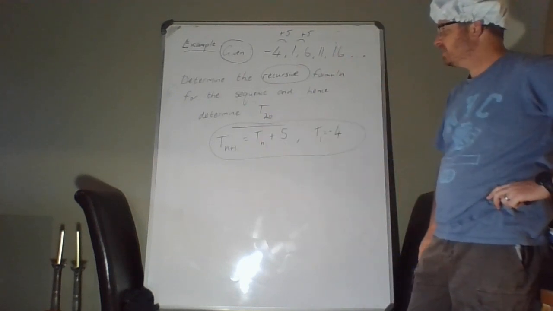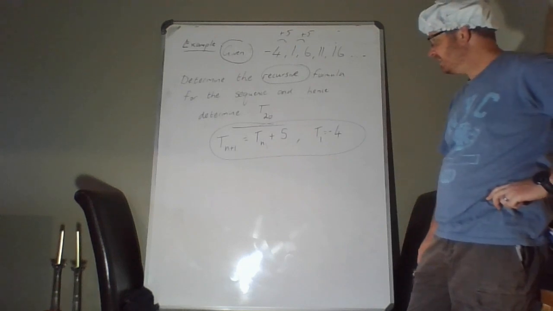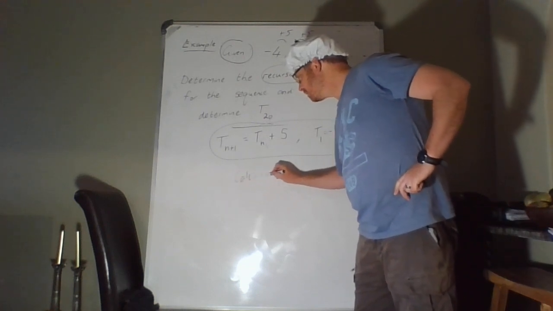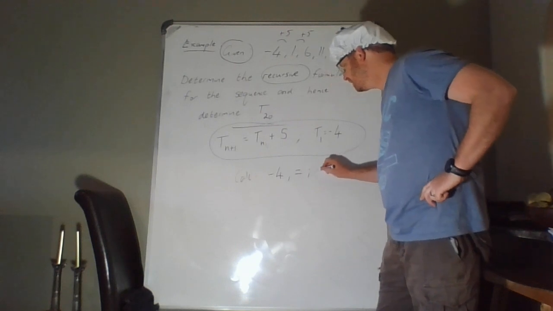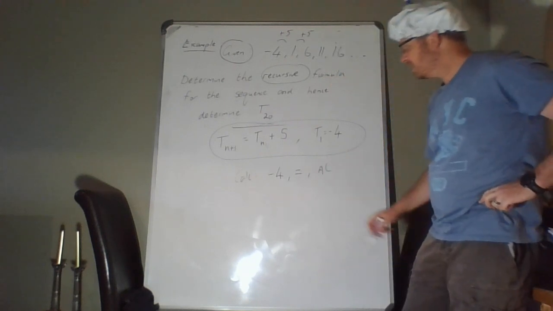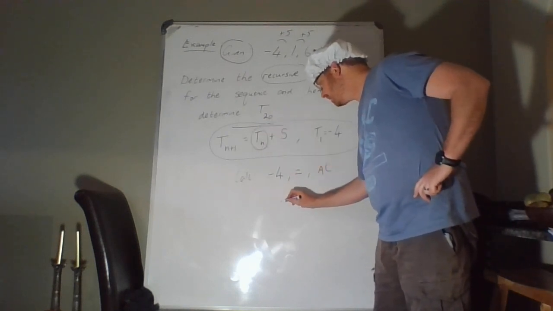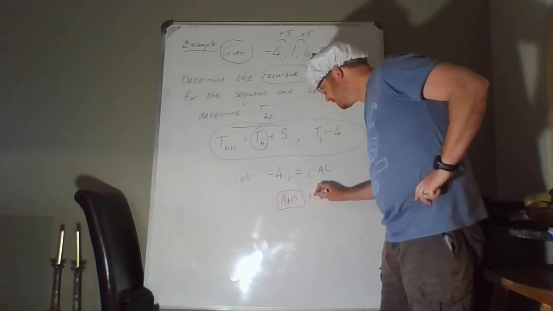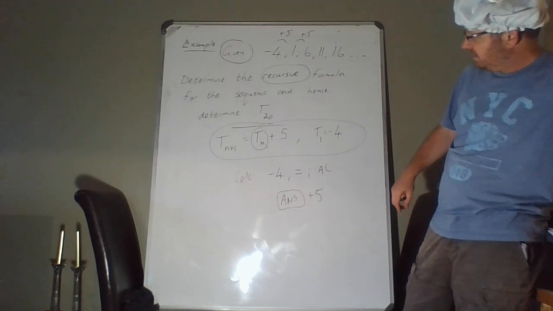Right, now the question says go find T20. So what do you do? Well, you've got to use your calculator. On your calculator, you're going to go minus 4, press equals, then clear your screen. Now you're going to enter the formula, so you're going to say answer plus 5, and then you're going to count.